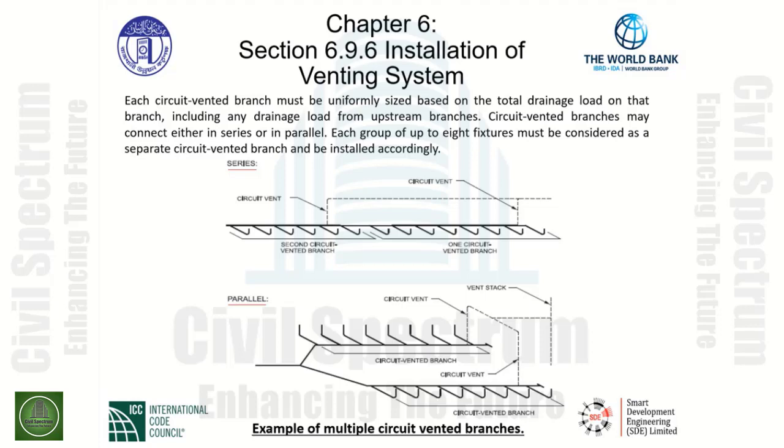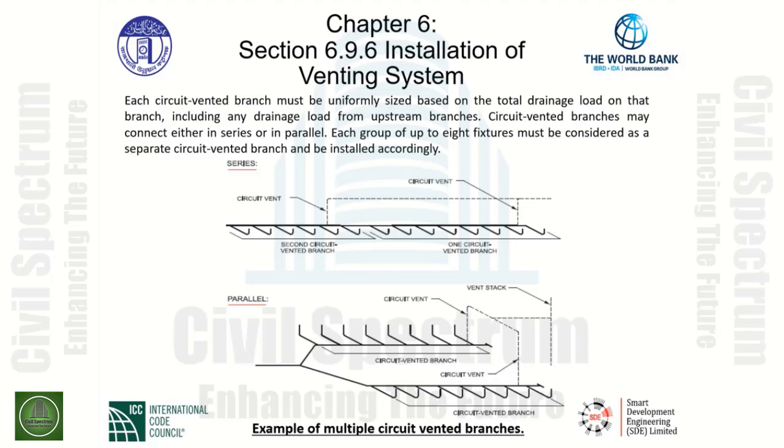upstream fixtures accordingly. When we move to the left-hand portion of this series circuit vent diagram, we have a second circuit vented branch that has a battery of 1, 2, 3, 4, 5, 6 water closets. And again, our circuit vent is connected between the two most upstream fixtures accordingly.